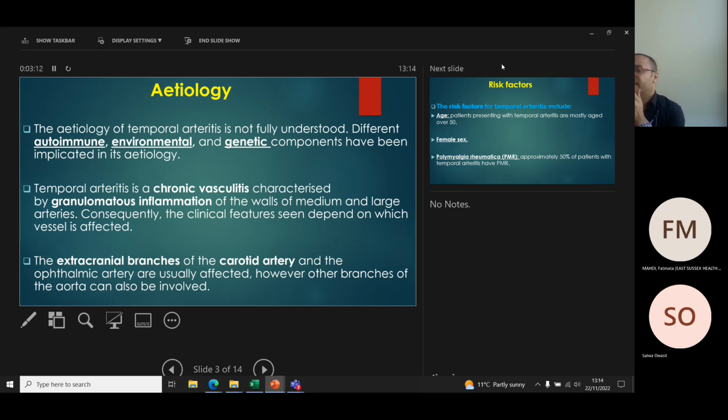But overall, it is a kind of vasculitis, and vasculitis is an autoimmune disease because of autoantibodies. It is characterized by granulomatous inflammation of the medium or large blood vessels, arteries. As we mentioned, the extracranial carotid branches, especially the temporal branches and the ophthalmic artery, are most commonly involved in such a condition.